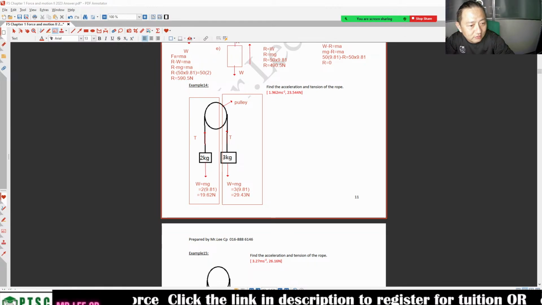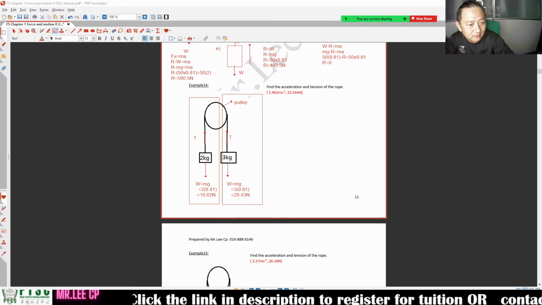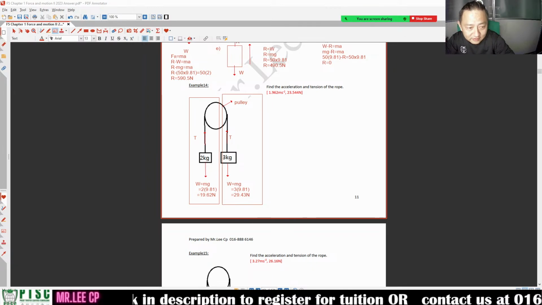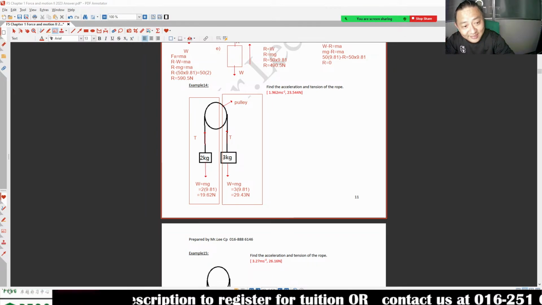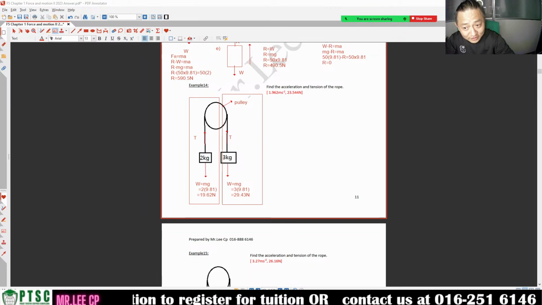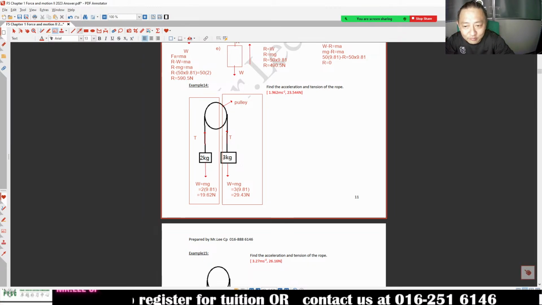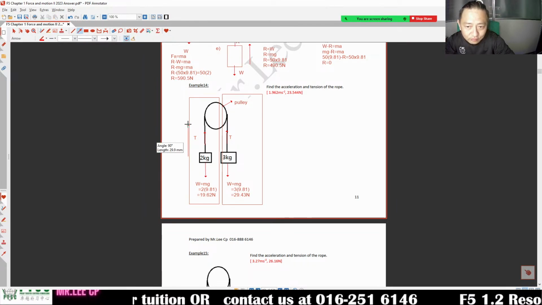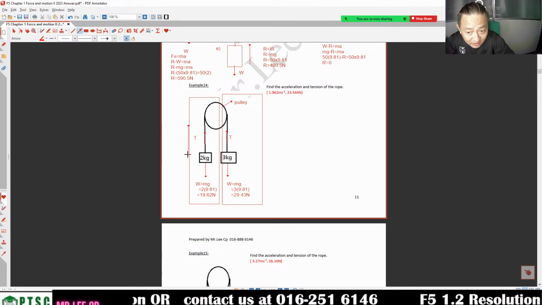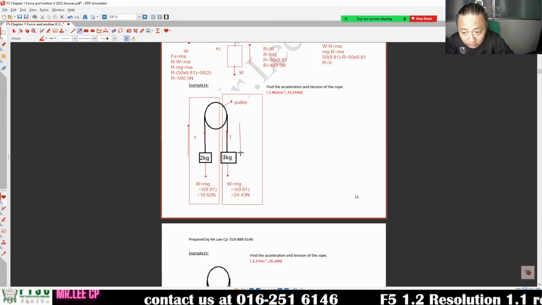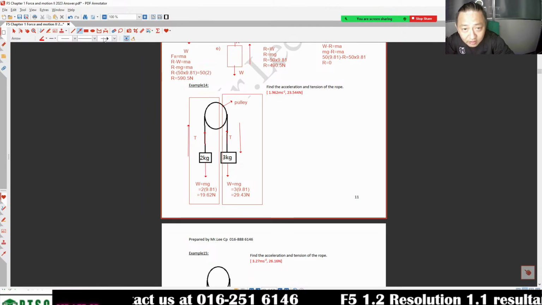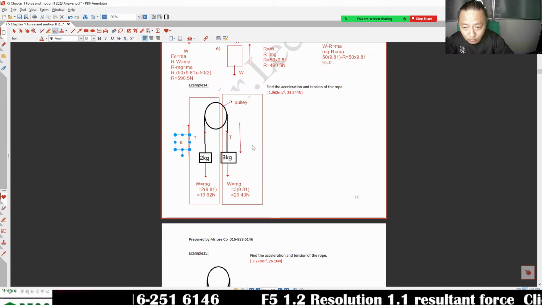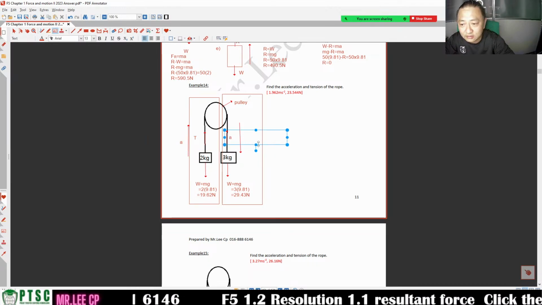Just say up or down. Yes, up. Why? Because it is lighter. The 2 kg is lighter, so it goes up. If you don't know whether it goes up or down, you just simply draw up or down, up to you. But if you say this one goes up, then this one has to go down. If you say this one goes down, then this one has to go up. Also can, don't mind. But if you know the correct one, it will be better.